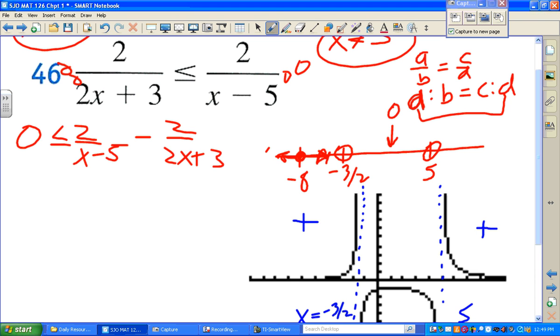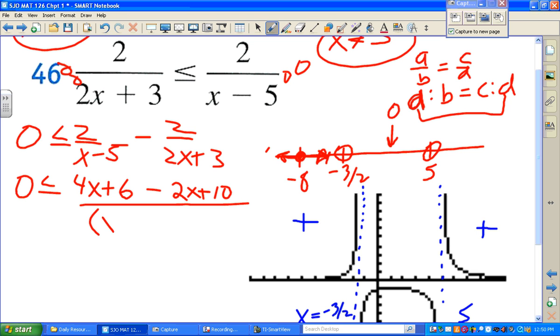The problem is now we got to get our algebra to match the graph. We know what the answer is. And if you're in a bind, graph it out and you know how to read it. So we have 0 is less than or equal to 4x plus 6 minus 2x plus 10 all over x minus 5, 2x plus 3.